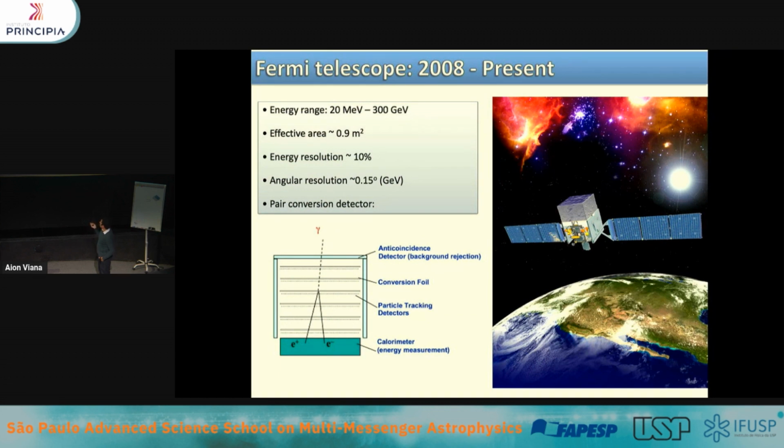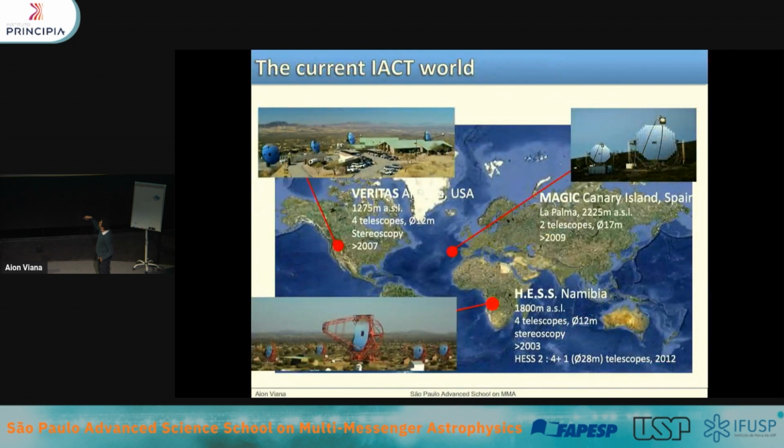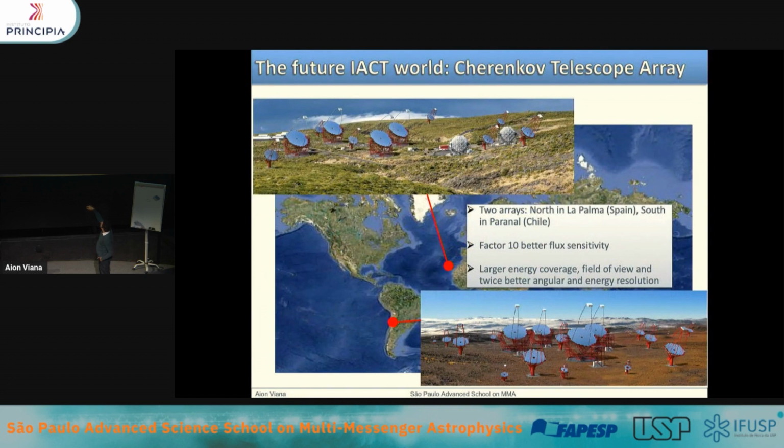Now, Fermi, you also already saw that. This is a satellite, a 1 square meter box that detects gamma rays using pair conversion. Now, in the IACT world, you have VERITAS in the north, MAGIC also in the north, and HESS in the south. Now, we have the future of IACTs, the Cherenkov Telescope Array.